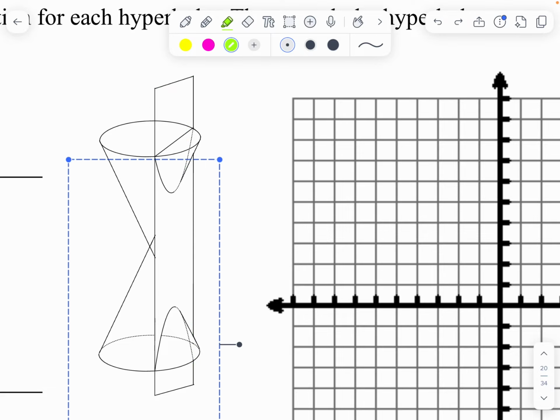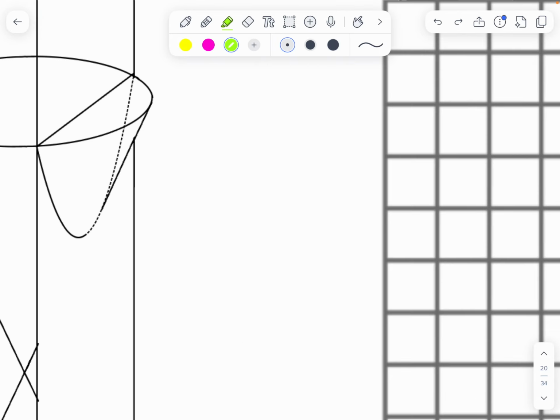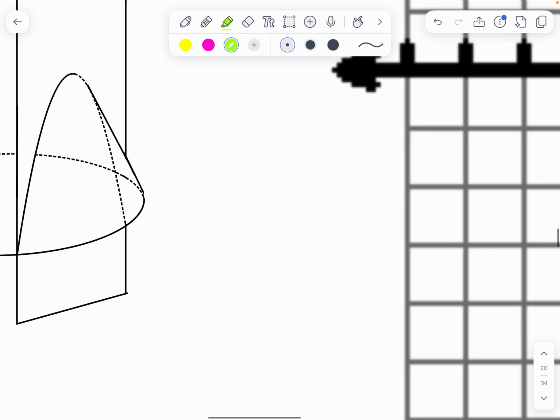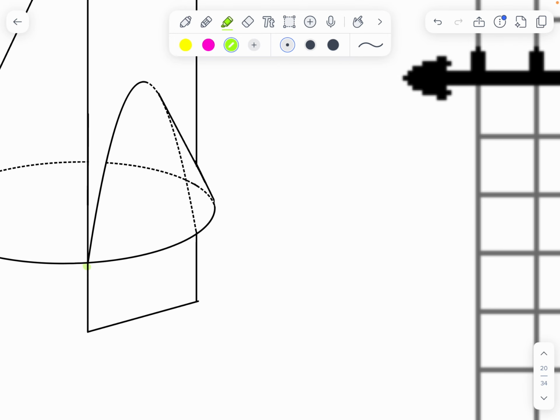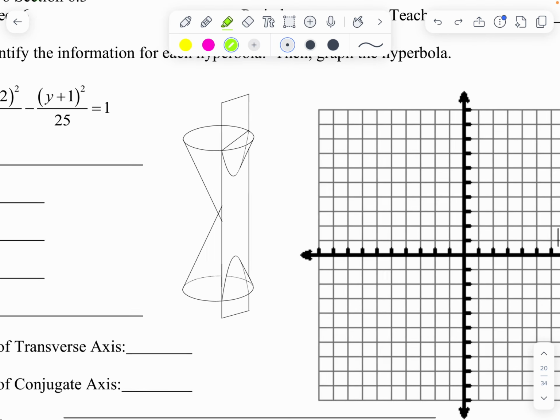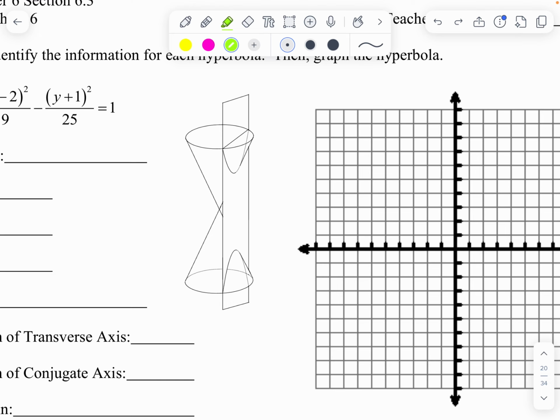So that plane intersects there, and what you get when you cut them is here. As you can see, those are the two hyperbolas that form. Okay, now that we understand why it is considered a conic section, let's move on to our first question.